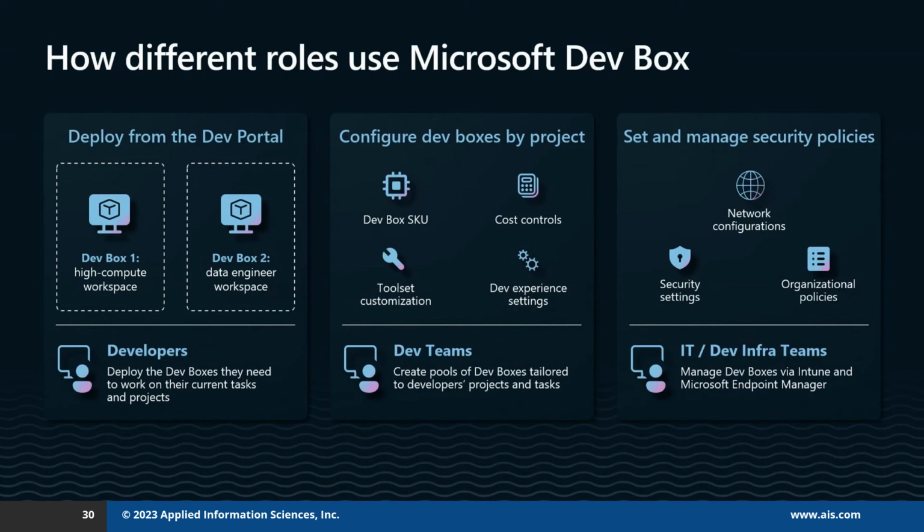So if we look at this shared ownership responsibility, there's different roles that are important along this path. Going right to left, the IT infrastructure team, they still have the controls that they need from the network configuration side, as well as security and organizational policies that they may need to implement within the systems.